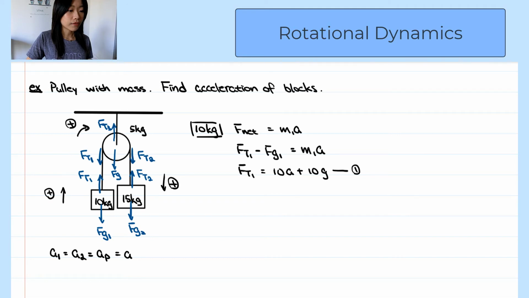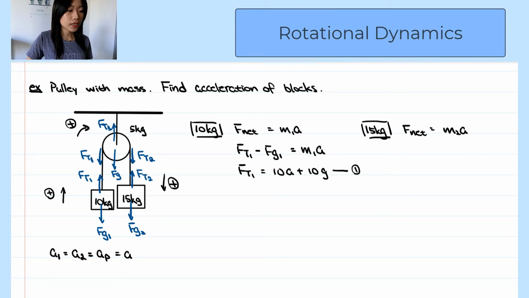Now let's look at the 15 kilograms. Similarly, Newton's second law says F net equals mass times acceleration. We define positive as downward for this mass.